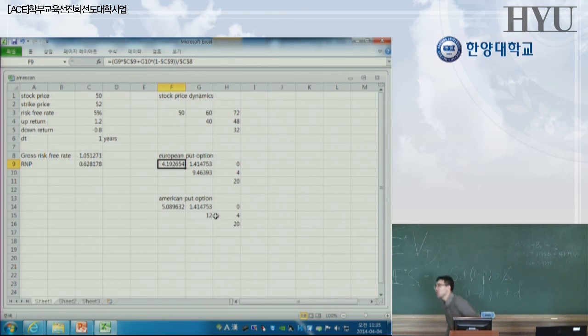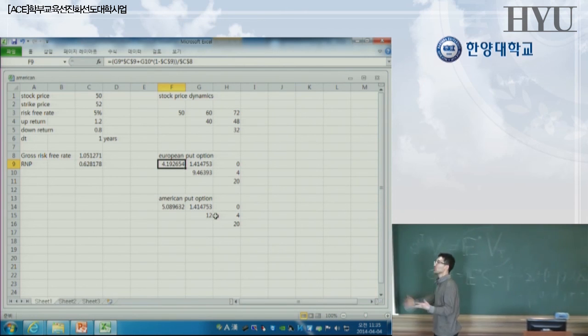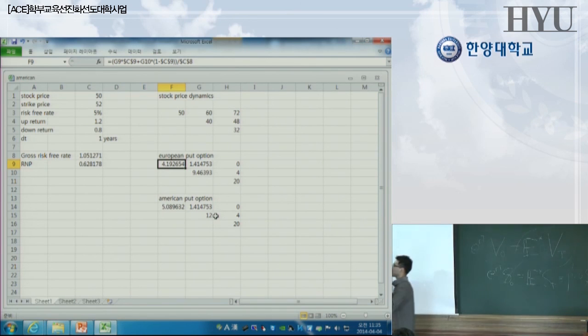If it is useless to exercise before maturity, then the European option price and American option price should be exactly the same, because the right to exercise in the middle doesn't have any value.